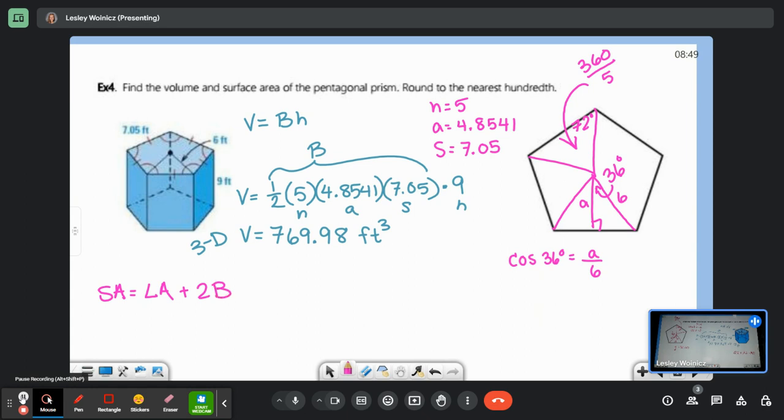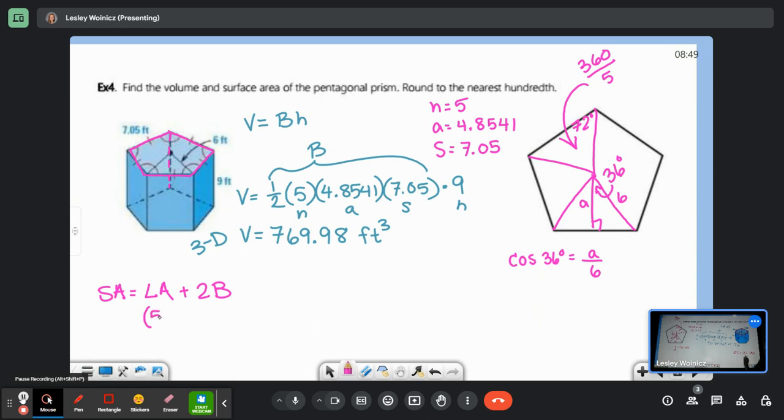Okay, our lateral area. If you can imagine chopping with a pair of scissors down this seam and unfolding it, this perimeter is going to be the top of our big, huge rectangle, right? So 5 of them. We're going to use the number of sides and the side length to get the perimeter.